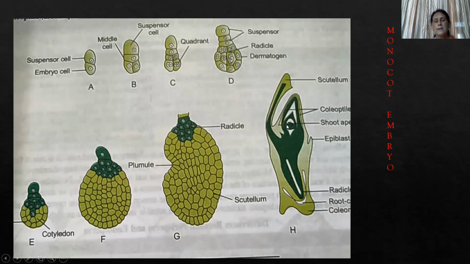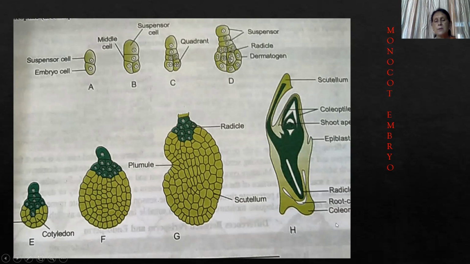The embryonal axis, that is the plumule part or shoot apex, is in monocot embryo always covered by a membranous covering. It is called coleoptile, and it is found in monocot embryo only. And what is coleorhiza? It is the membranous covering that covers the radicle or root part of the monocot embryo.